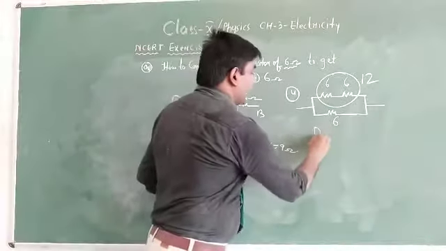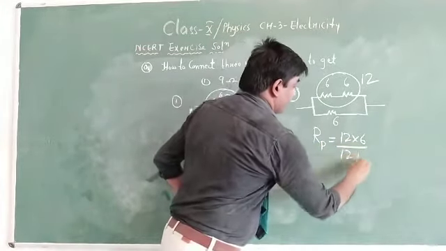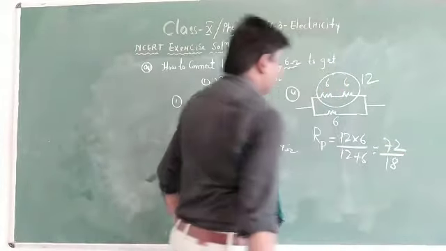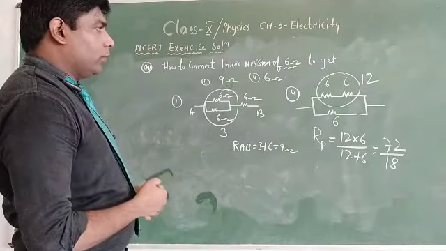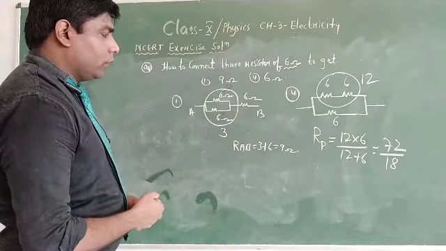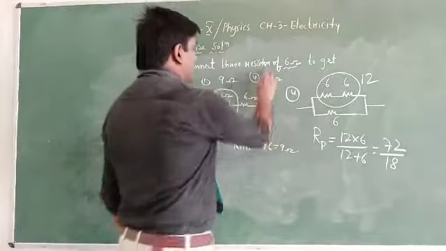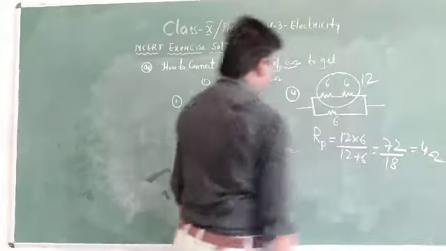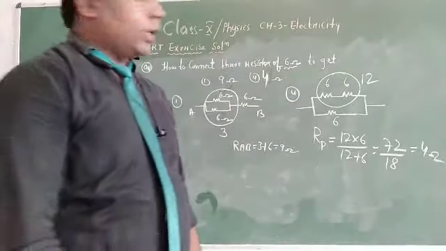So RT is equal to 12 into 6, right? So it is 72 by 18. Sorry, it was 4 ohm, right? So it is 4 ohm. Means how you will connect to get 4 ohm resistance: first two in series and the third in parallel.